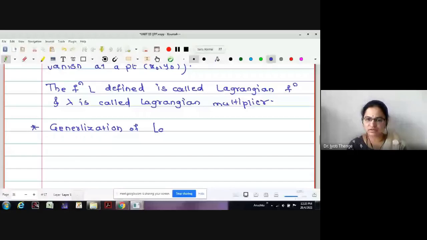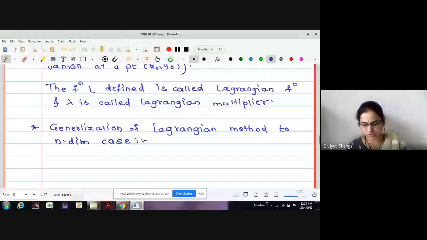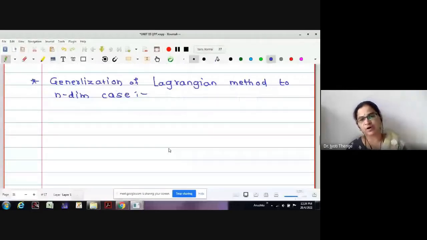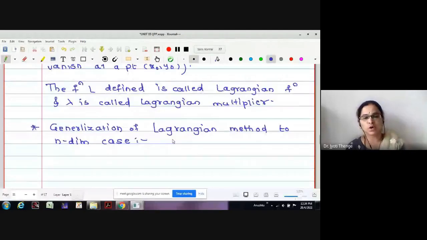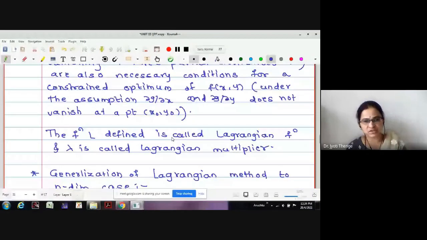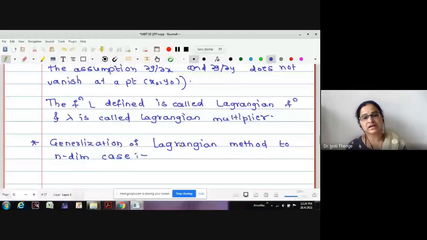Generalization of the Lagrangian method. Now, what method will we follow in the n-dimensional case, if we have n variables subject to some m constraints? As we have used one Lagrange's multiplier for one constraint in this case, whatever the number of constraints we have, we will use that number of Lagrange's multipliers.